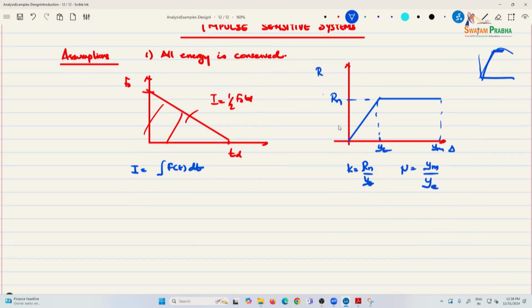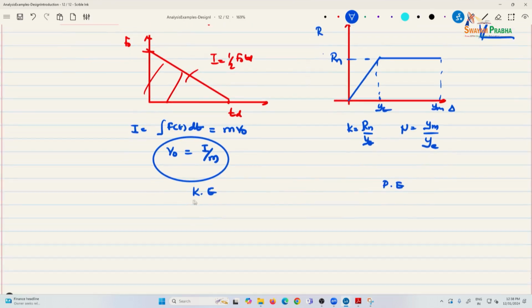So this is m v naught. So v naught is I divided by m. Then your kinetic energy equals potential energy.